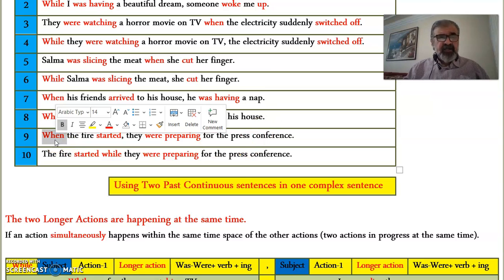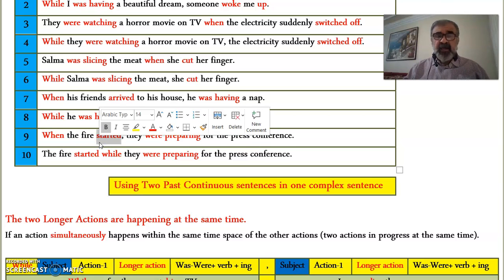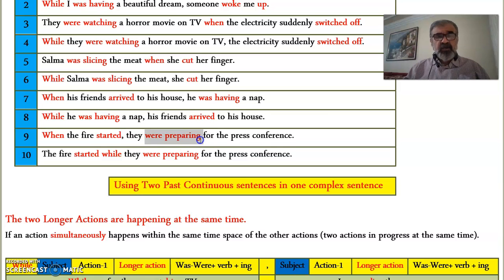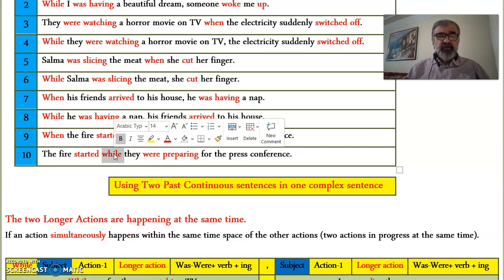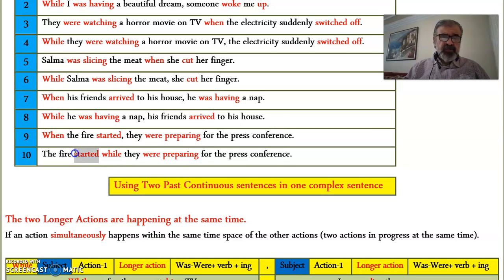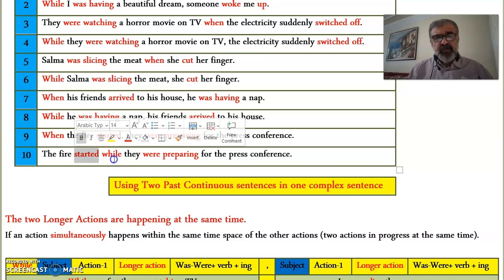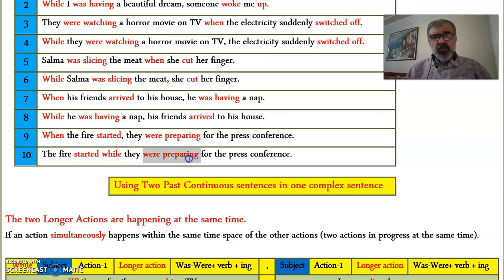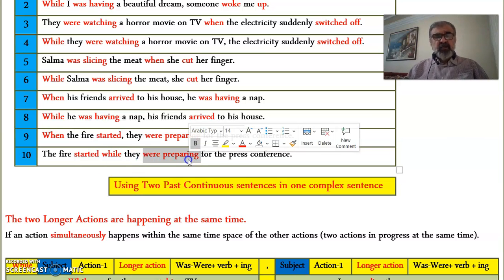When used in initial position, followed by action 2, verb 2, then action 1, which is the past continuous, longer action. Finally, the fire started. We have while in middle position. Now it is preceded by action 2, which is the shorter action, past simple, then followed by action 1, which is past continuous, longer action.